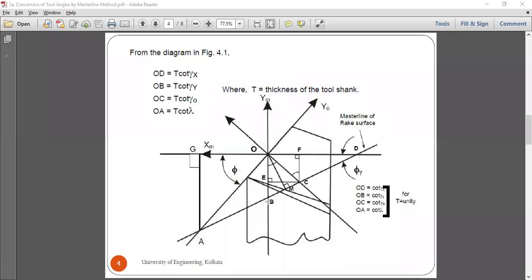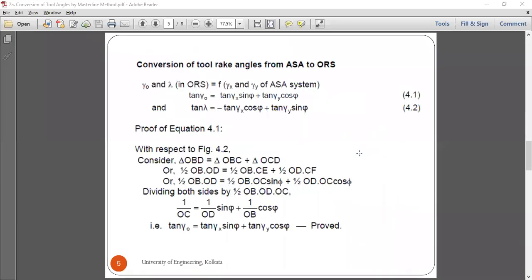So OB into EC into half will give you the area of the triangle OBC. Similarly, the area of the triangle OCD equals half into FC, that is the height, into OD. So triangle OBD equals triangle OBC plus triangle OCD, that is half into OB into OD.